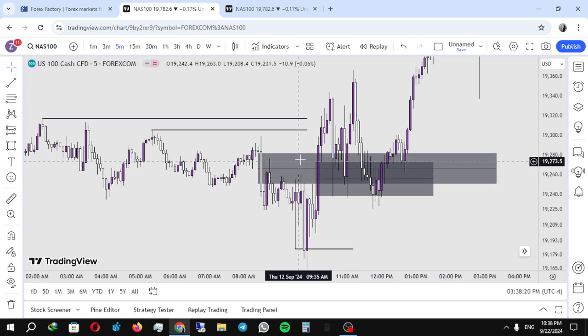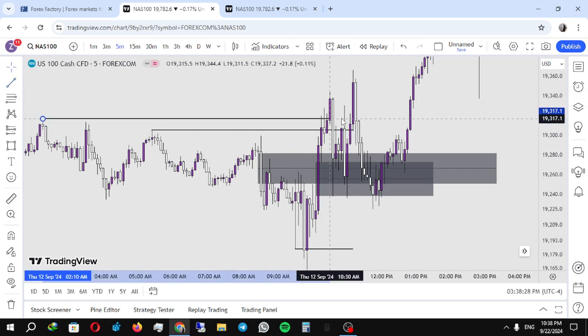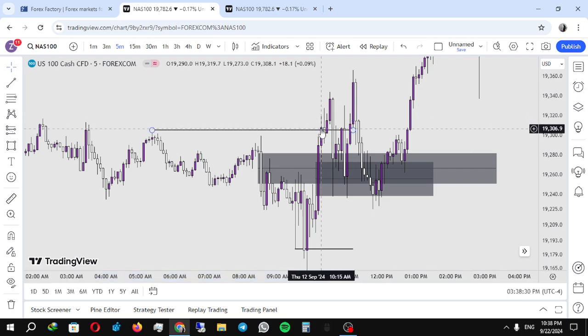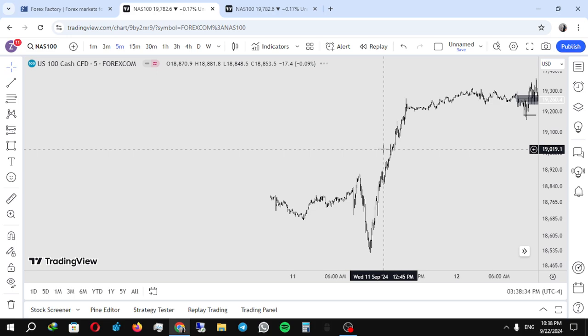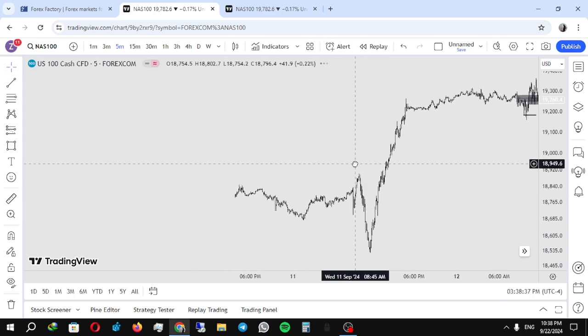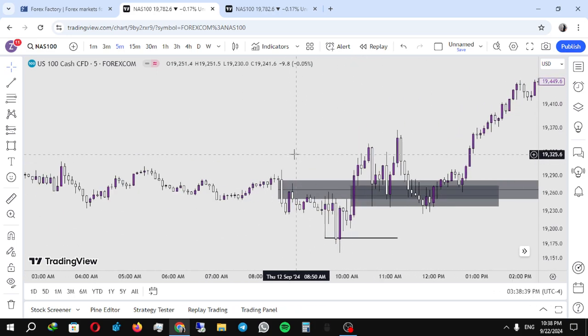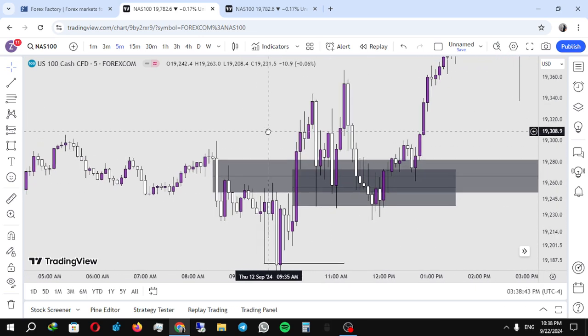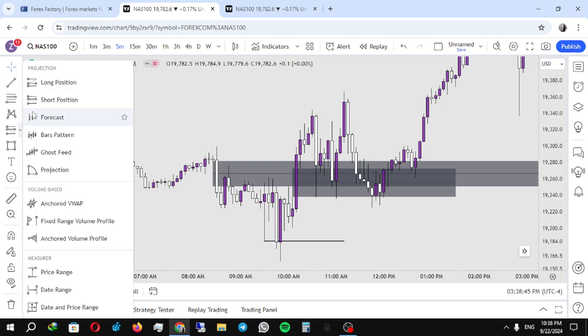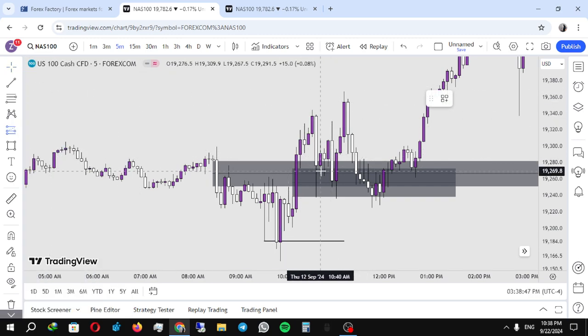You would look for buys, because we took these buy side liquidities and we are looking for higher prices on the daily, the 4 hour, and the 1 hour. So we'd look for buys. I was satisfied with that sell and didn't take another trade, but I will explain the buys right here.